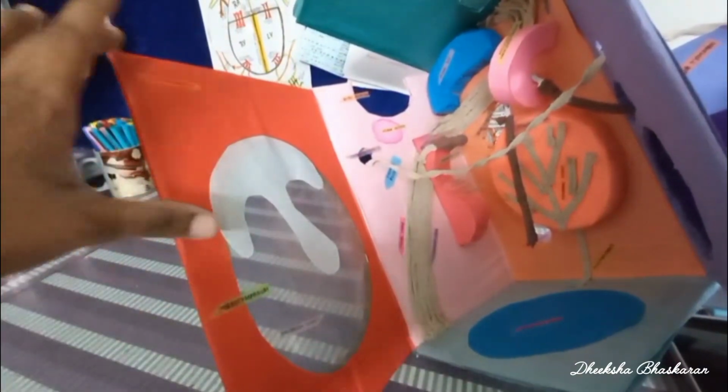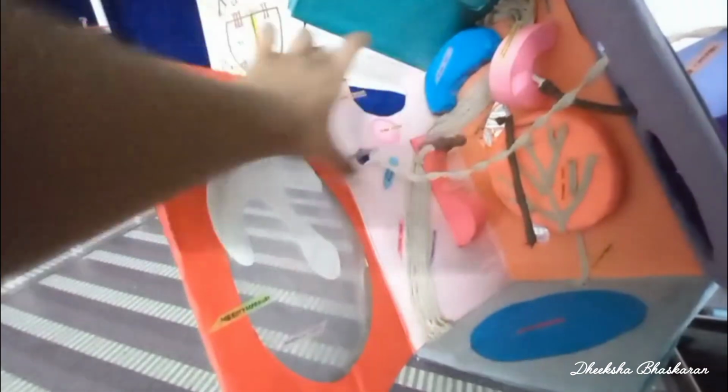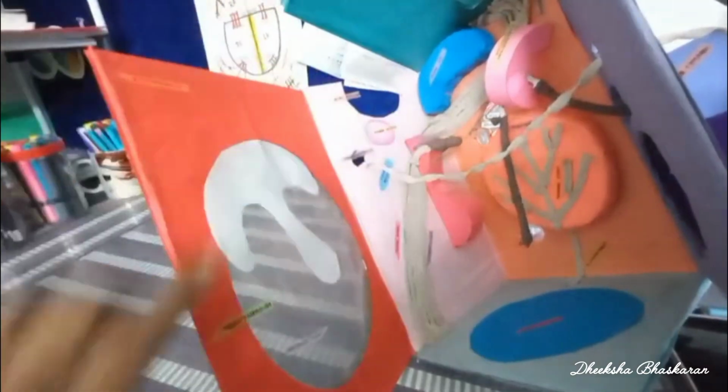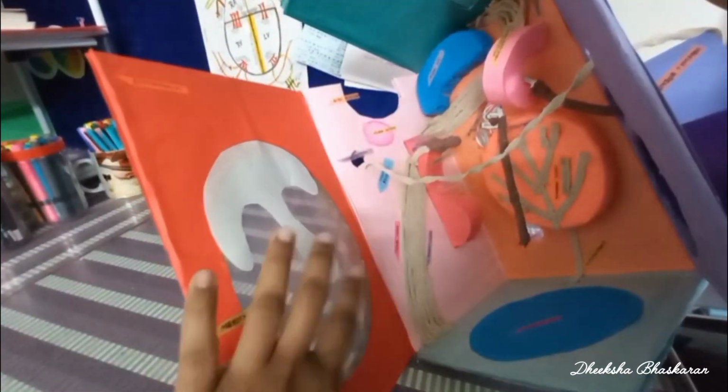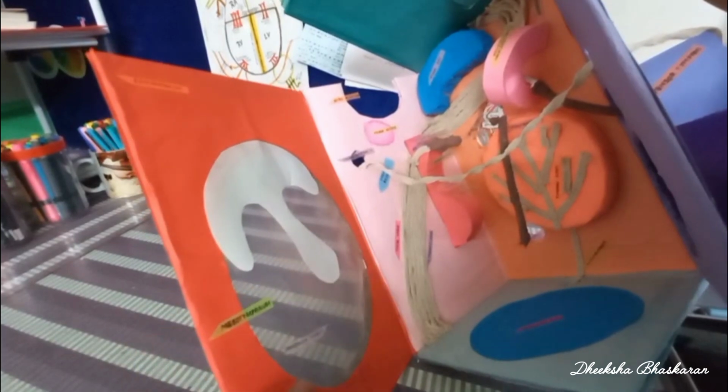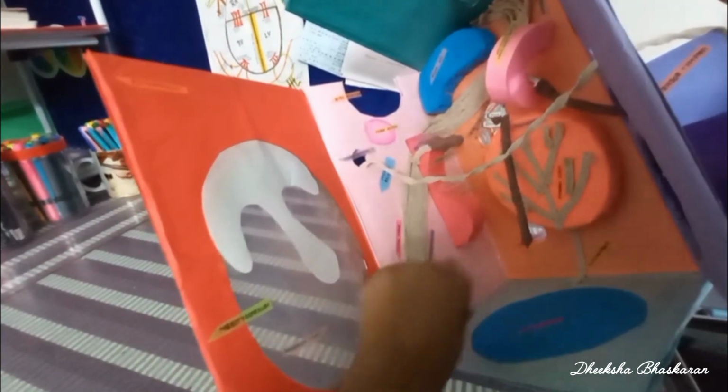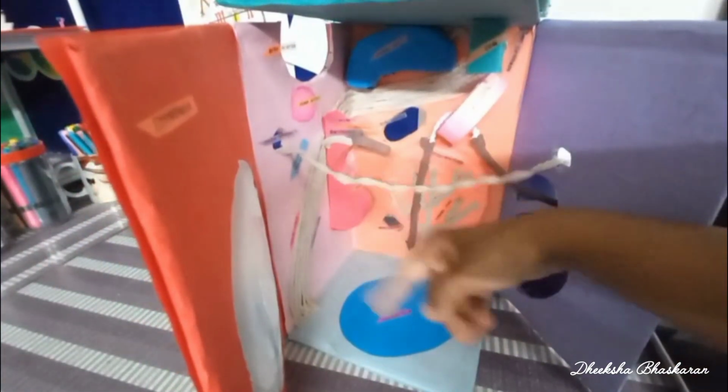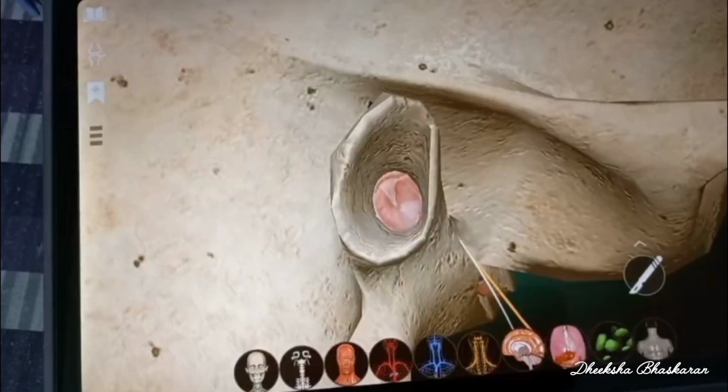The part above it is called the epitympanum. And the part below the pars tensa is called the hypotympanum. So if this is the cavity, this part will be the mesotympanum, this part will be the epitympanum, and this part will be the hypotympanum.